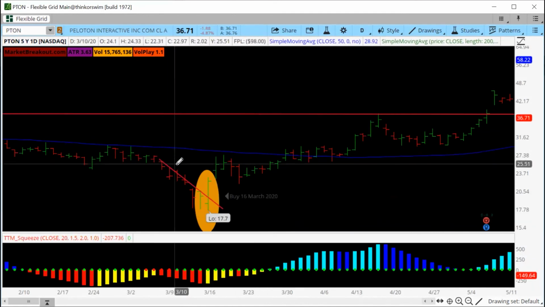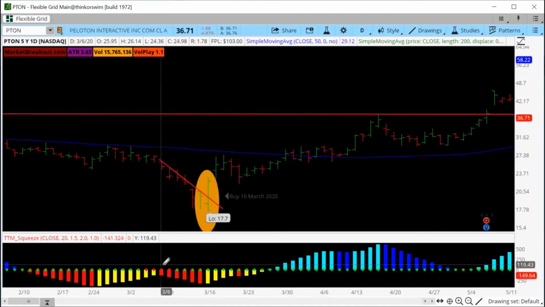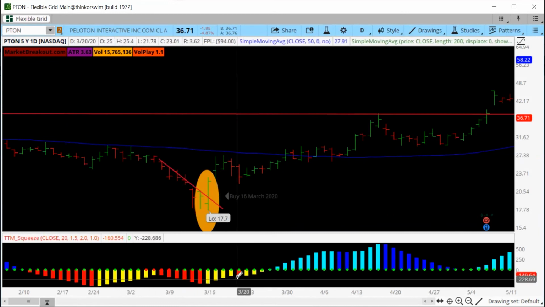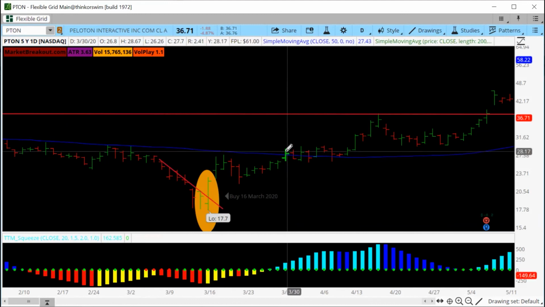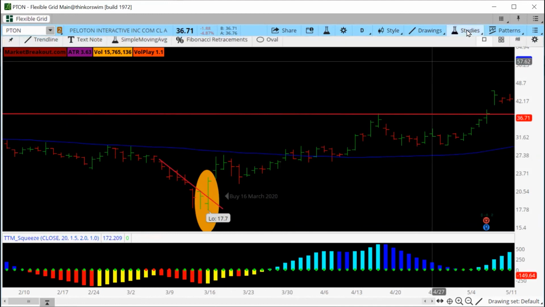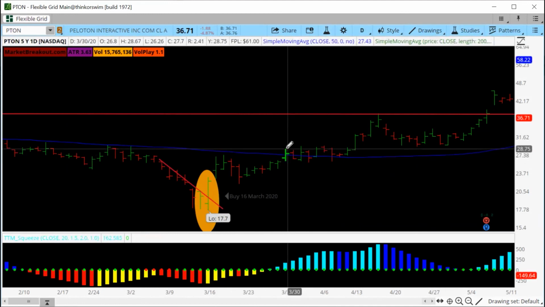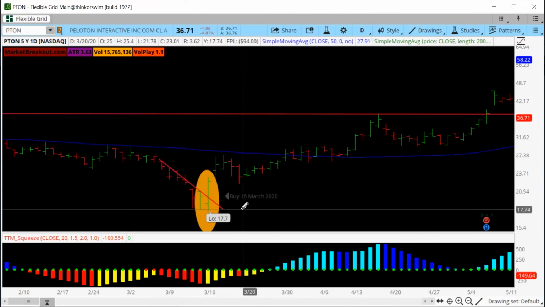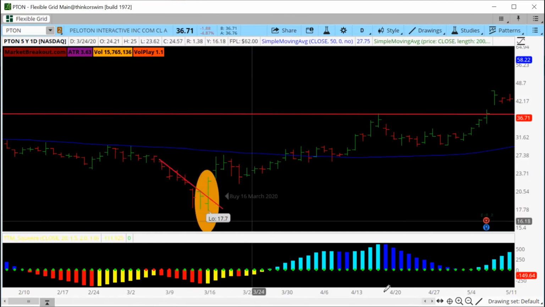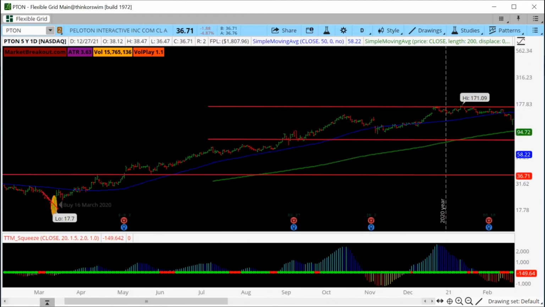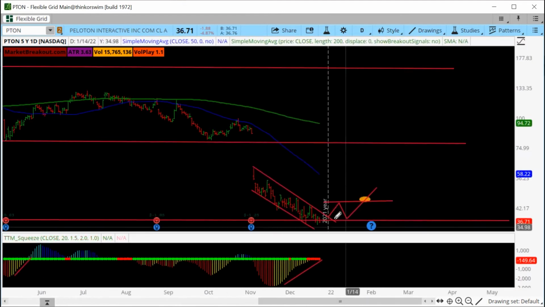And take a look here. Go down to squeeze: red, yellow, and first light blue, and then the stock crosses SMA 50. Yeah, this is the second, more conservative entry point.